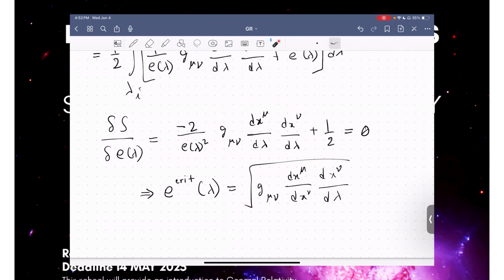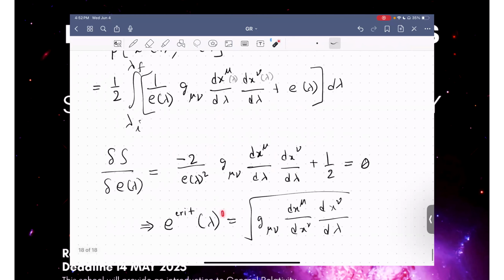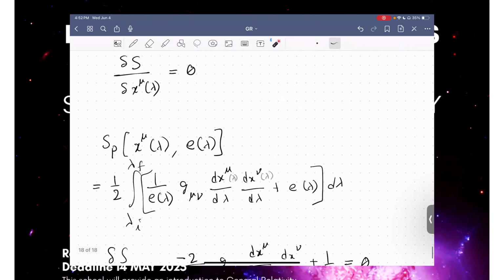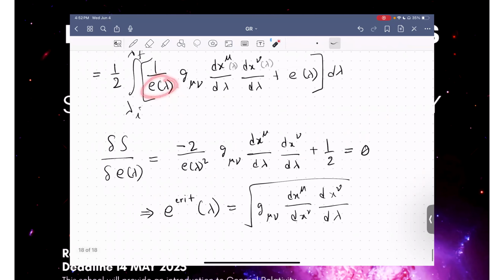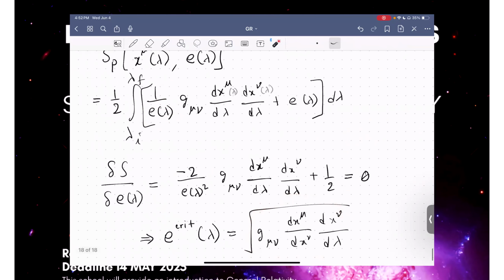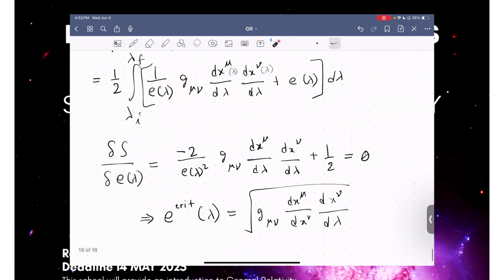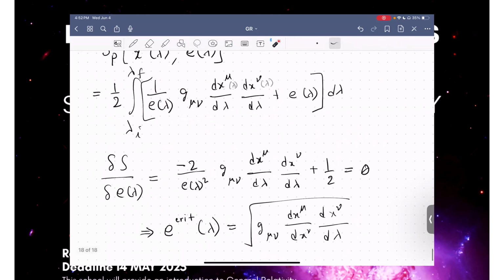All right. So now if you substitute this critical value of e back into this functional, so here you have 1 over e, and e is the square root of this thing. So after substitution from this term, we will have the square root of this thing. And this again is the same expression. So you have two of those things, and there's a half here.